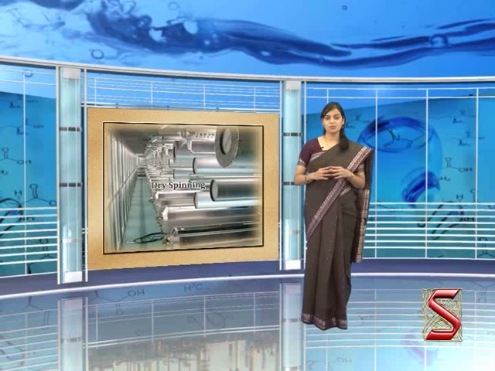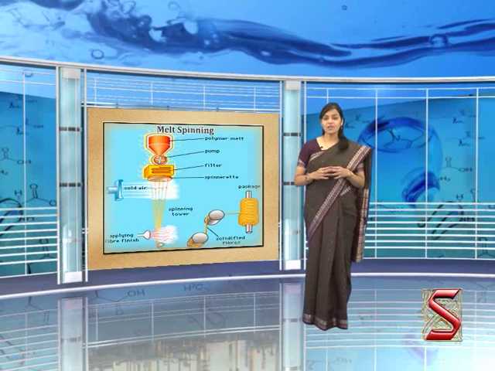There are various ways of making fibers, but most importantly, melt spinning and dry spinning are the most common methods used to prepare fibers. In melt spinning process, the molten polymer is pumped through a porous net called spinneret jet and then allowed to cool to give fibers.